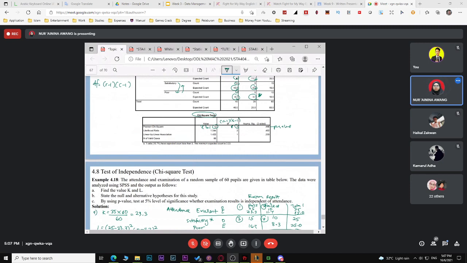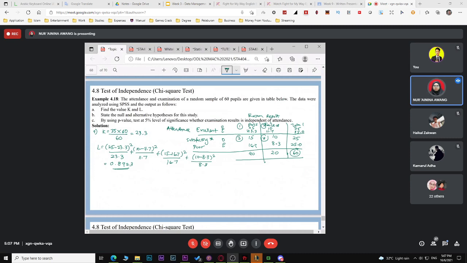Okay, so this is the value for your K and L, and then for B, state the null and alternative hypothesis for this study. So in this case, if the question only asks you about the null and alternative hypothesis, how to find what your hypothesis is? You need to check with the next question.